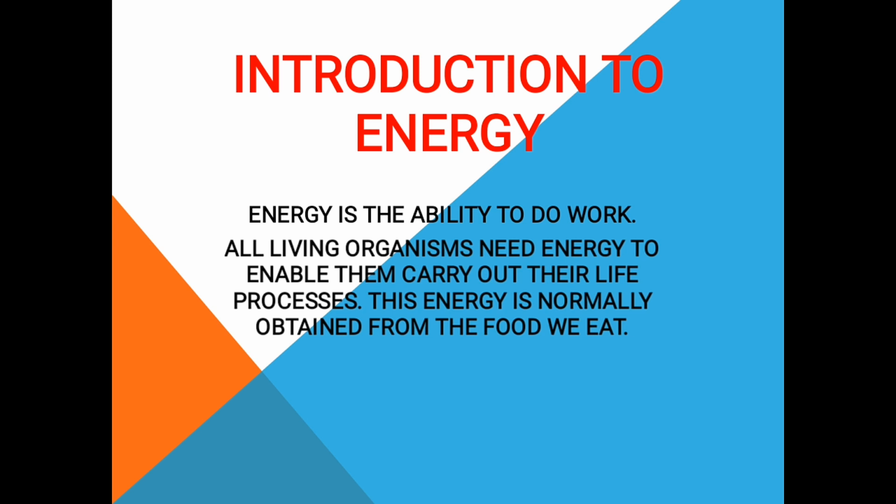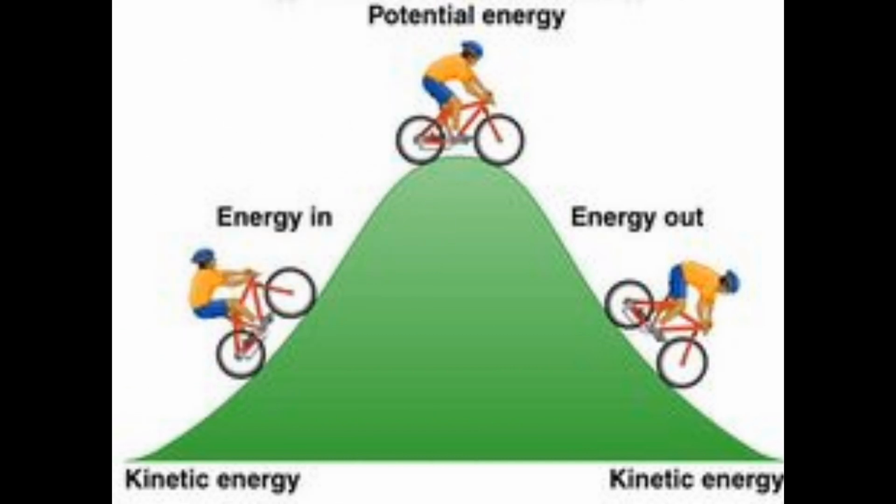Take for instance, if you don't eat, you won't have energy to perform any work. So the energy is derived from the food we eat. Energy can either be kinetic energy or potential energy.